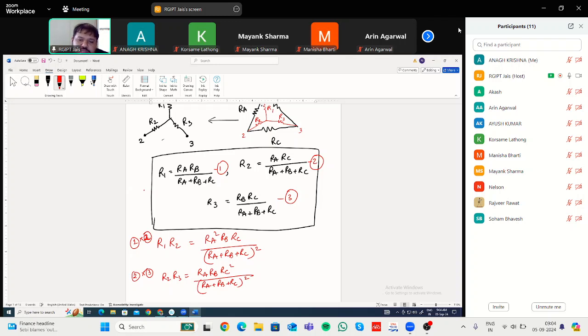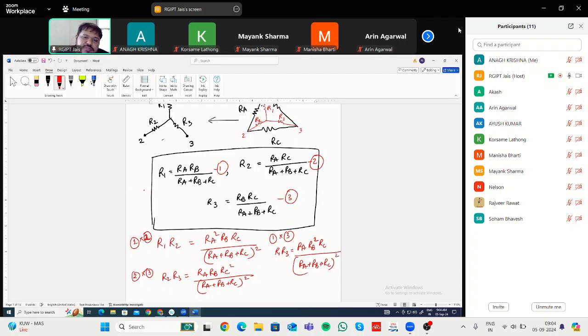Then multiplying equation 1 and 3, on the left hand side it will be R1 R3, and on the right hand side it will be RA RB whole square multiplied by RC, multiplying the numerators. The denominator is the same, RA plus RB plus RC whole square.